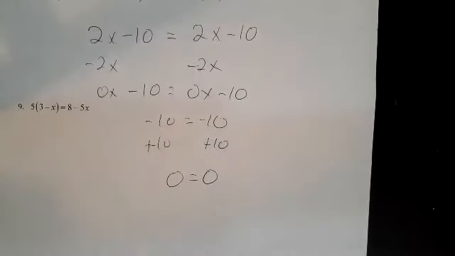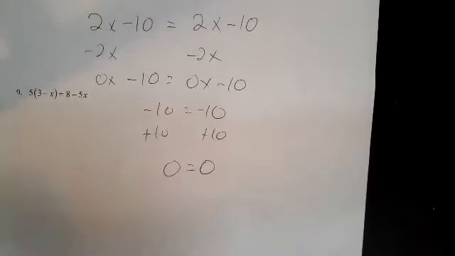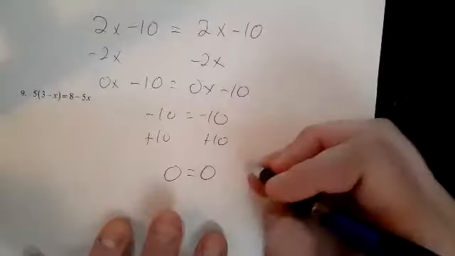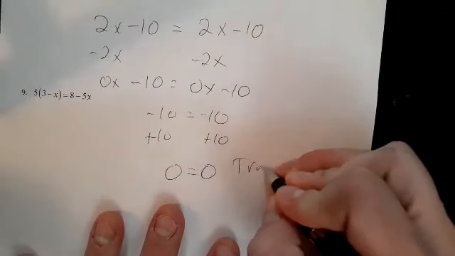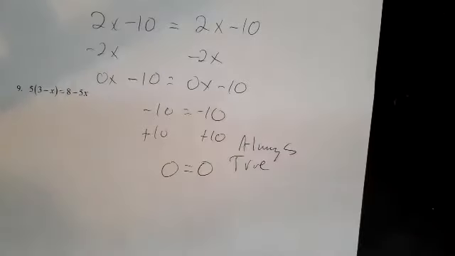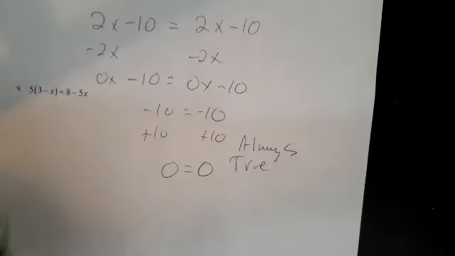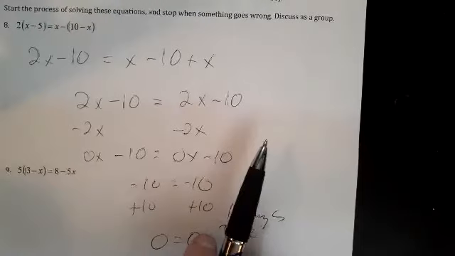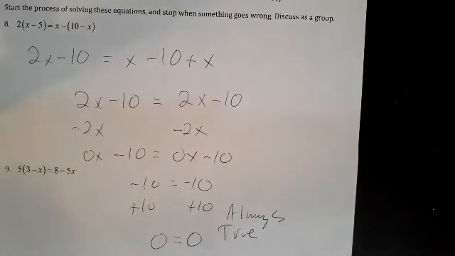And so maybe you want to notice this is like the identity thing that we were getting to earlier. And so an identity, the number is equal to itself, but more importantly, this is always, 0 is always going to be 0. 2x minus 10 is always going to be 2x minus 10. So what is that telling me with respect to the solution?